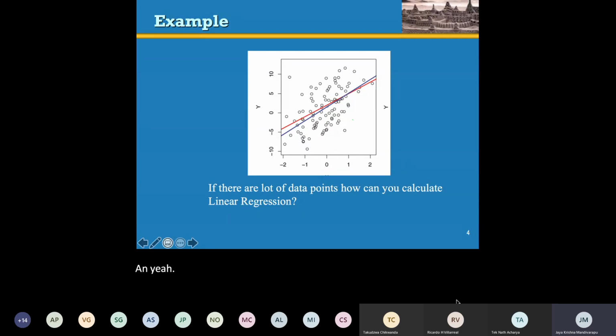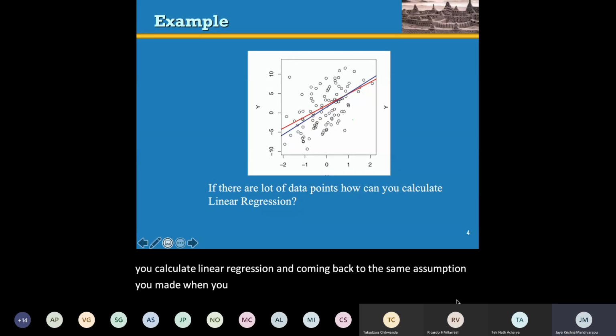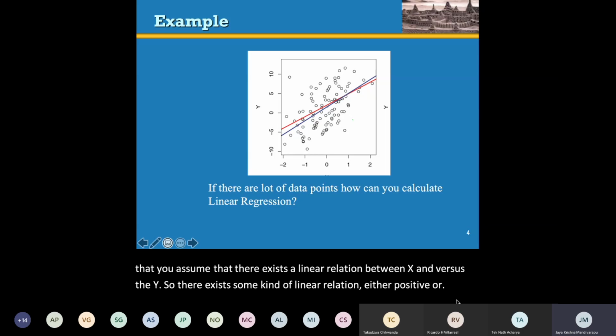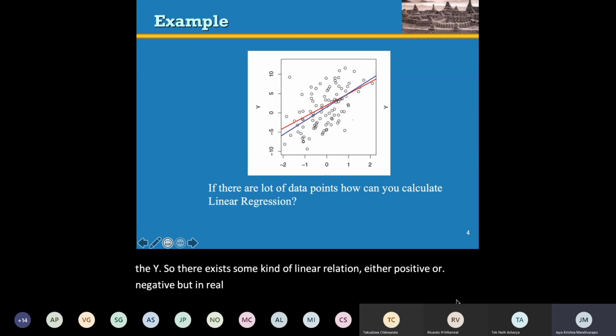And so, coming back to the point, if you have a lot of data points, how do you calculate linear regression? Coming back to the assumption you make when you start applying linear regression to your data points, you assume that there exists a linear relation between x versus y. There exists some kind of linear relation, either positive or negative, but in a real case it might not be the scenario.